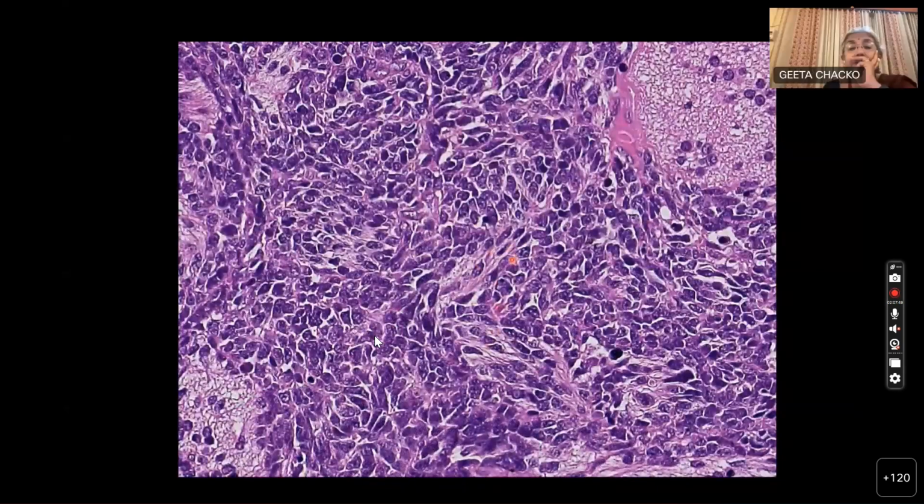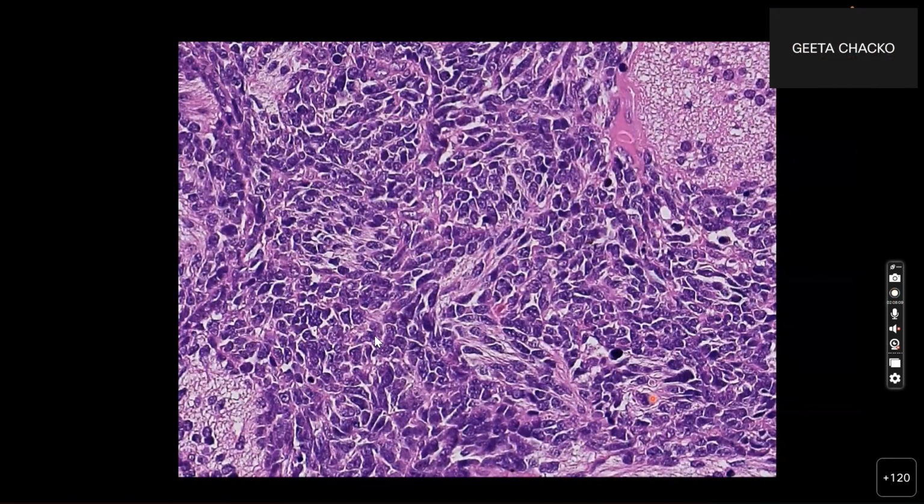Yeah, that's better seen on this high power, where this internodular zone is showing you. Ma'am, in this, round to polygonal tumor cells, small blue tumor cells have been noted, with increased mitotic activity.